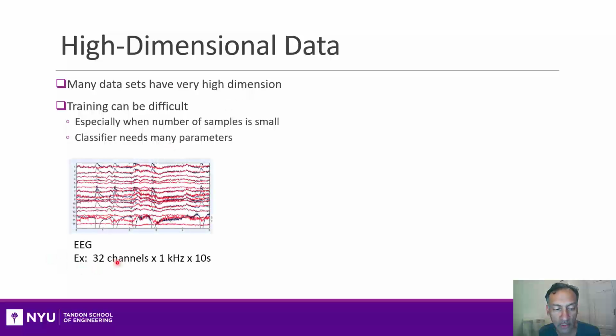The first is EEG, which is a type of brain recording. A number of students have often approached me to do projects on EEG data. It's super interesting, but one of the challenges they face is that each recording has a very large number of features, and that arises from the fact that the EEG recordings typically record at a number of channels at a very high sampling rate over many seconds.